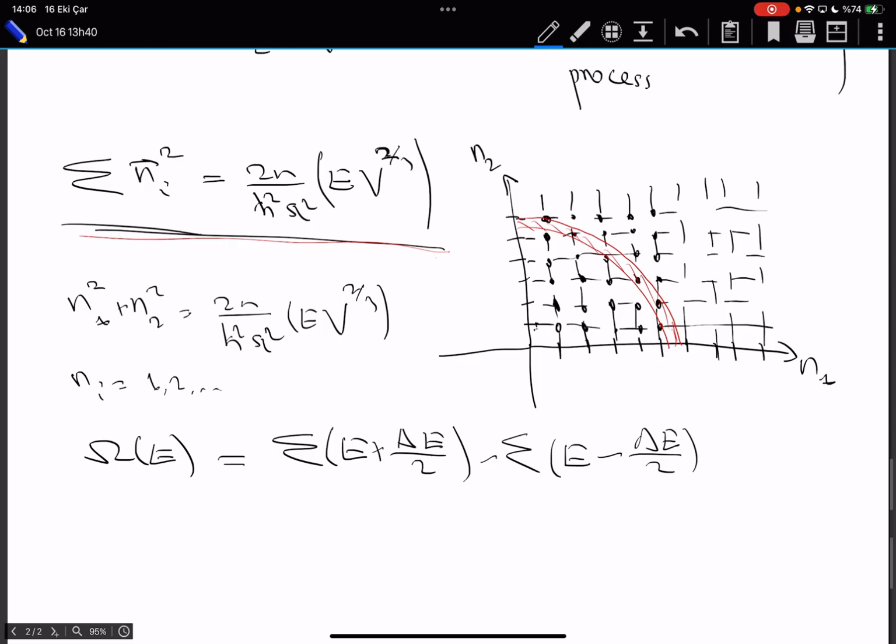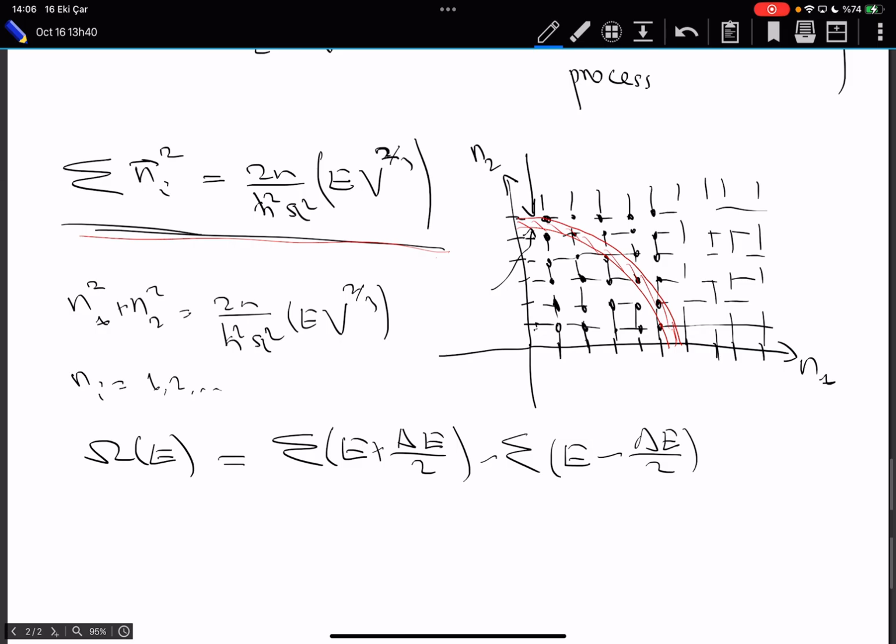Basically, sigma is the number of states having energy less than E plus delta E over 2. That is the number of microstates inside the larger sphere, determined by the outer surface of this shell, minus the number of microstates inside the sphere determined by the inner surface of this shell.